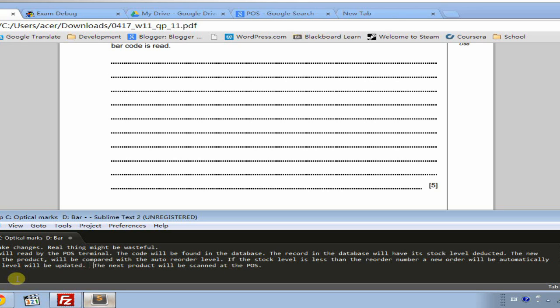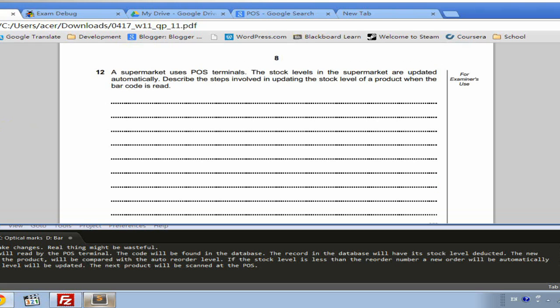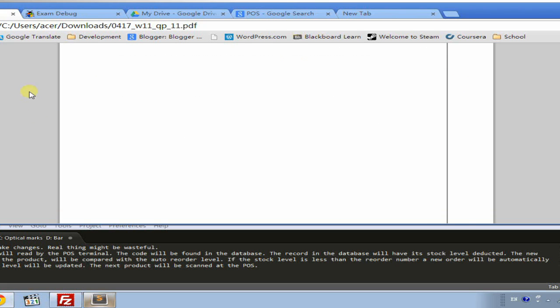Again, that will depend on the shop how they're doing that, but we don't want it that every time a bottle of Coca-Cola is deducted 17 orders are sent. We want to have it marked that an order has already been sent. So that might be a Boolean or something like this. Anyway, and then the next product will be scanned. Okay, so we've got all the points there, or at least 5 of the points.